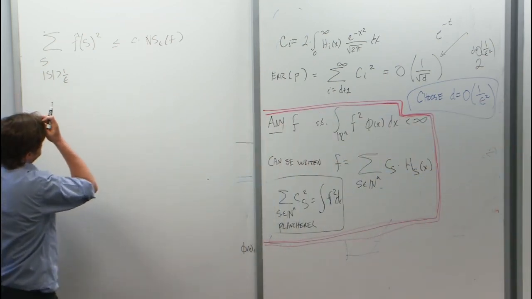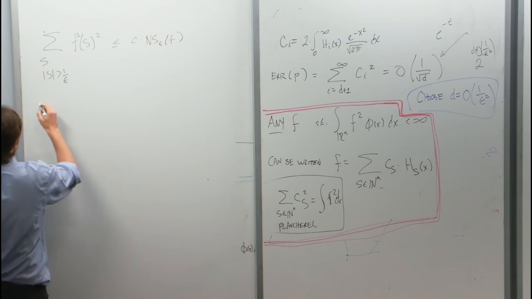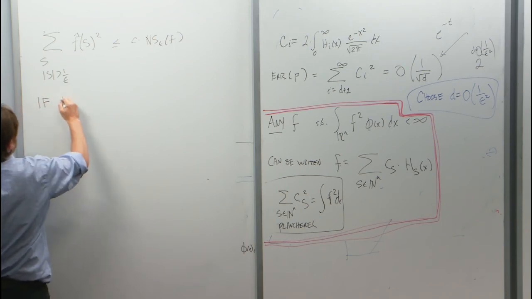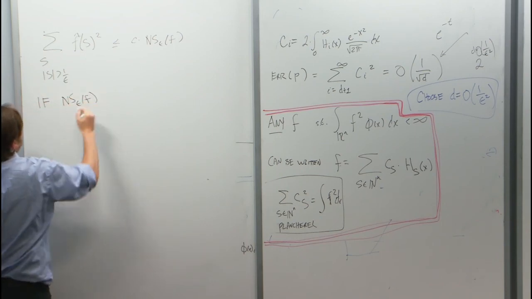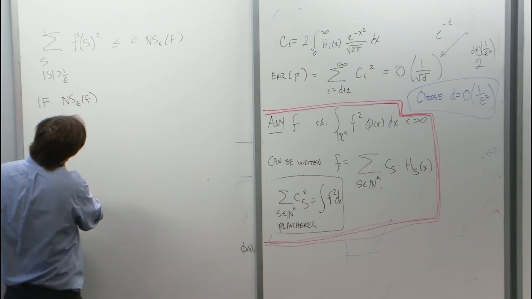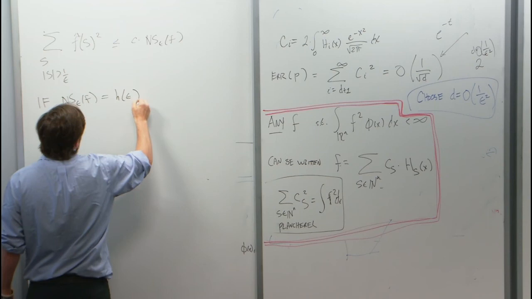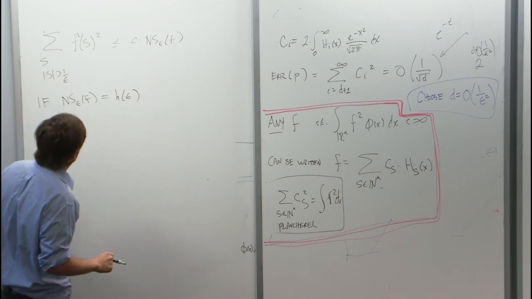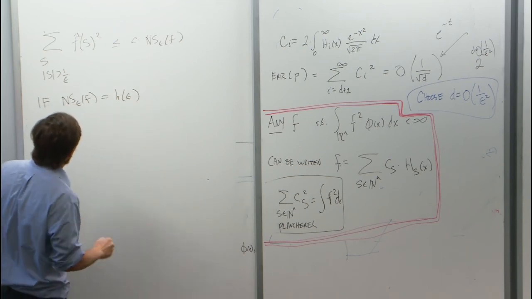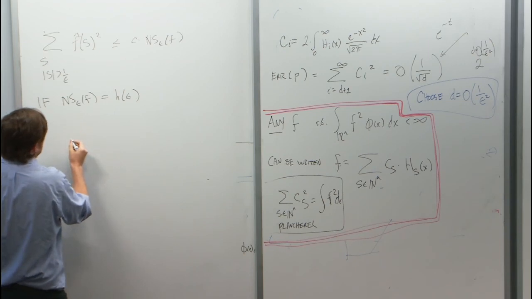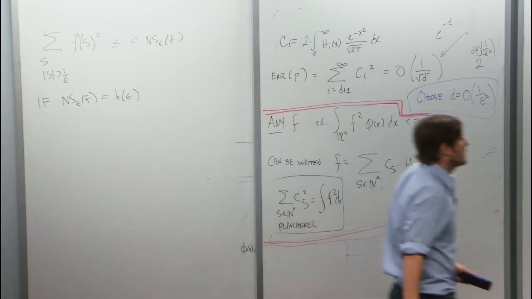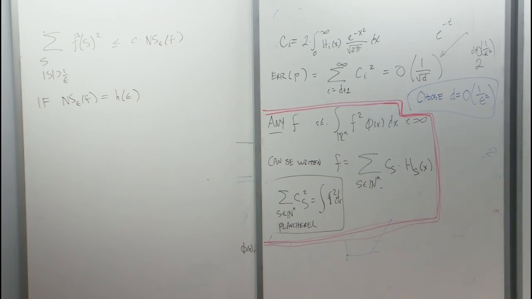And then the upshot is that if the noise stability of f is some, let's call it h of epsilon, I always write this wrong.